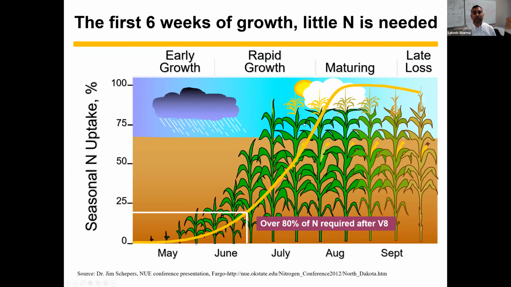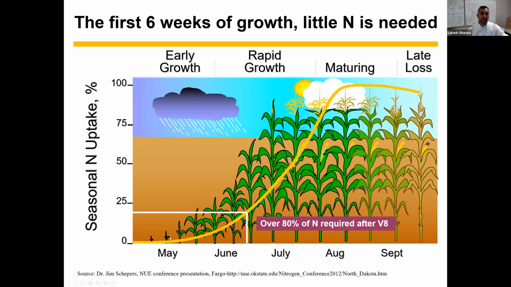Okay, so if we think about corn, this is a picture I got from Dr. Jim Shepard from Nebraska. He is the pioneer for sensor work with Dr. Bill Raun.